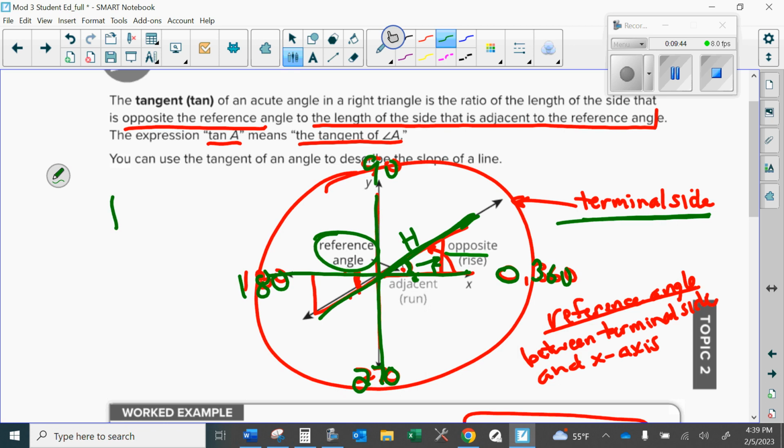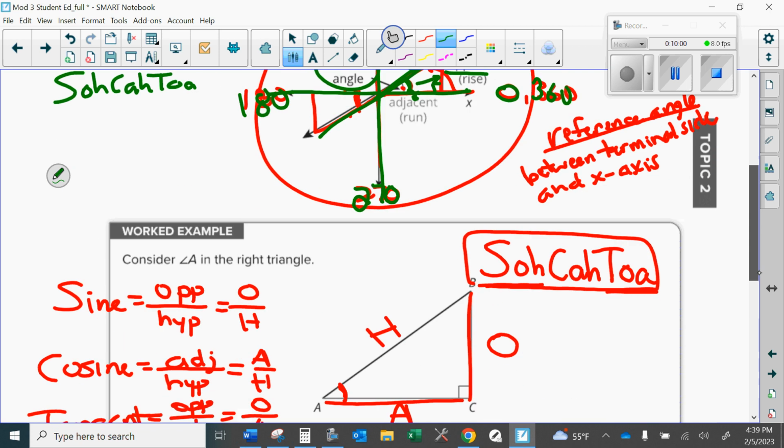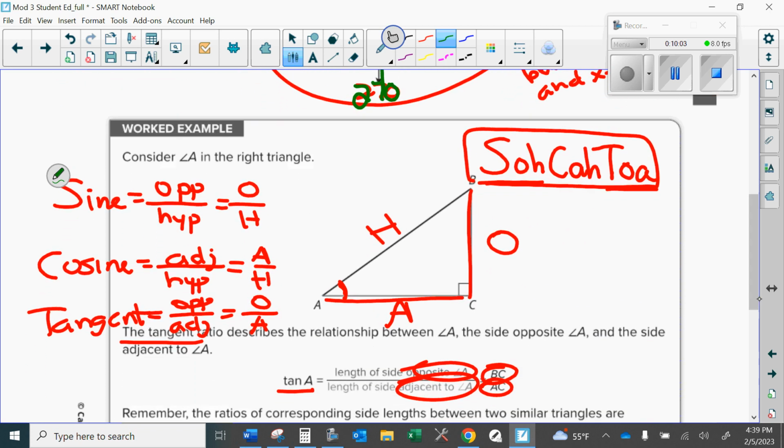So again, remember we had tangent and TOA, and that SOHCAHTOA that we already wrote down. Tangent is opposite side over the adjacent side. Okay, so opposite over adjacent. Okay, so just know that. There are SOHCAHTOA, spelled out again, sine, cosine, tangent, and what each one stands for.